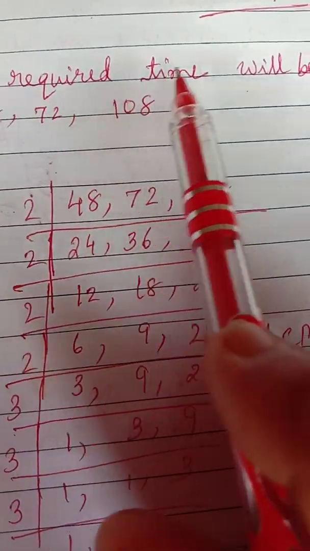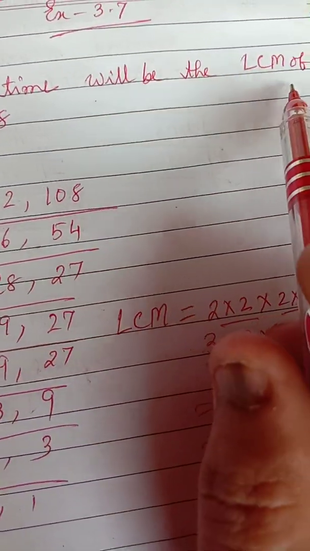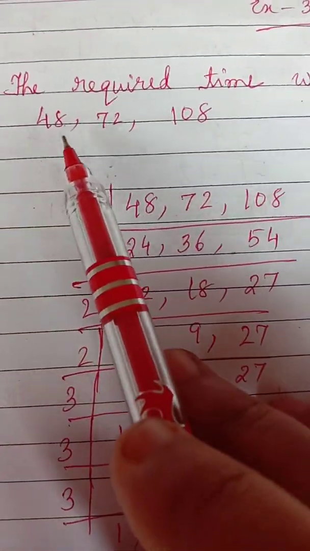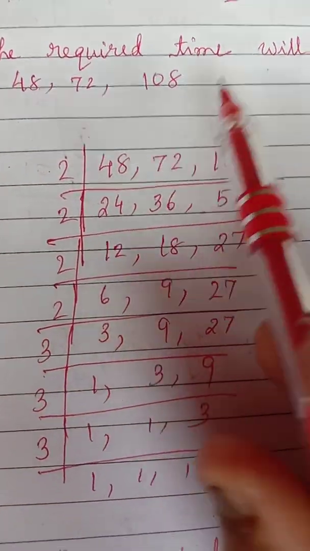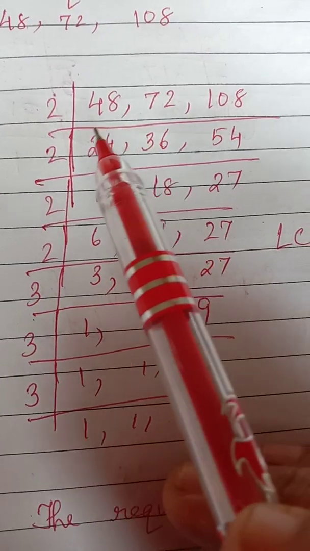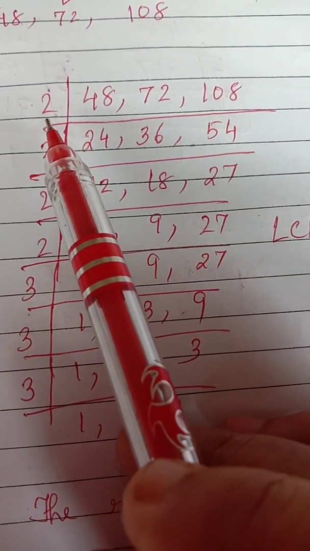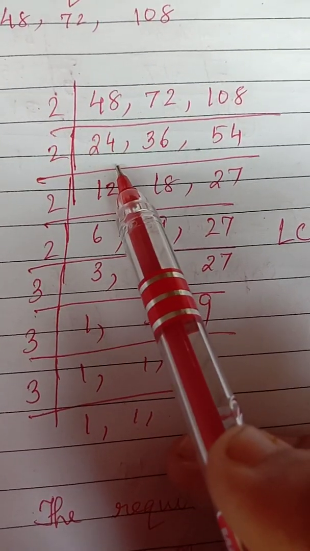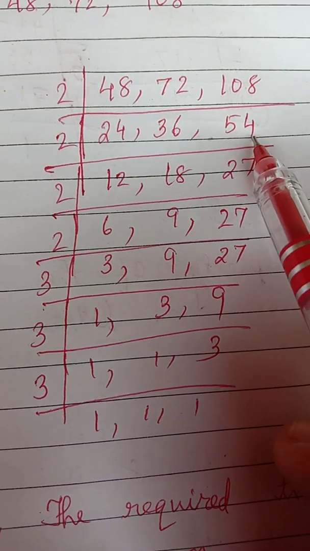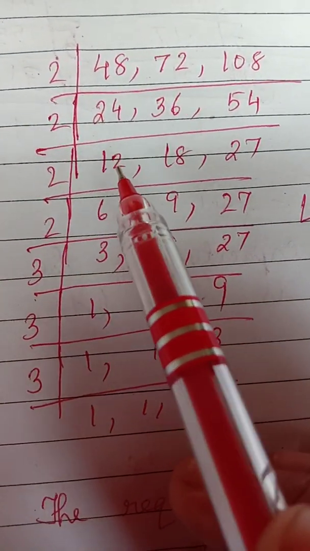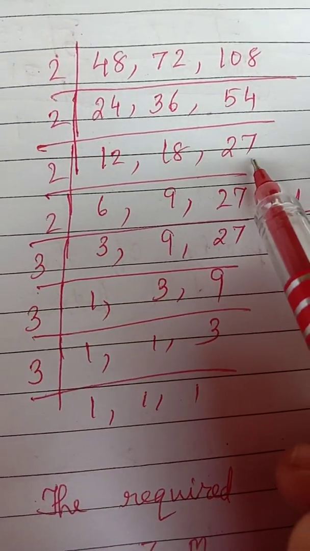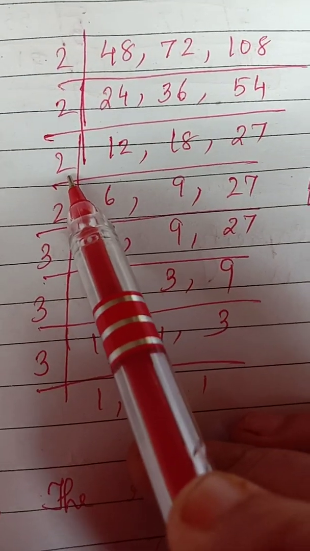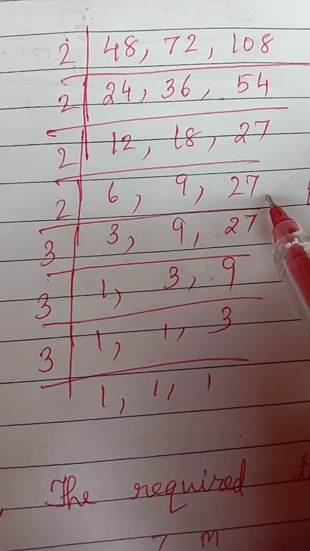The required time will be the LCM of 48, 72, 108. Apply first 2: 24, 36, 54. Divided by 2 again, we get 12, 18 and 27. Again divided by 2, we get 6, 9 and 27.